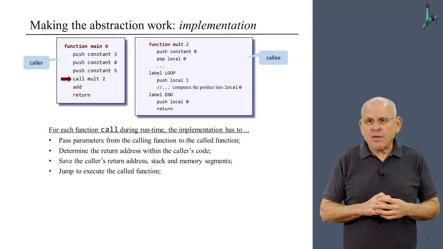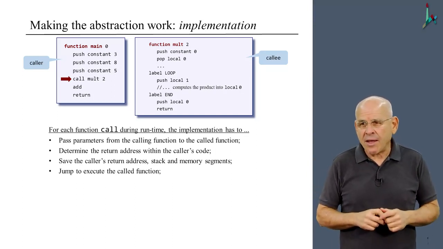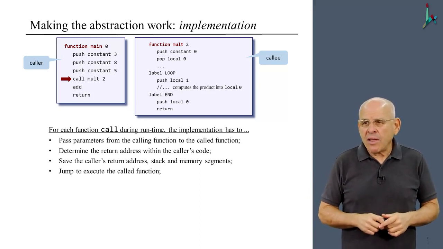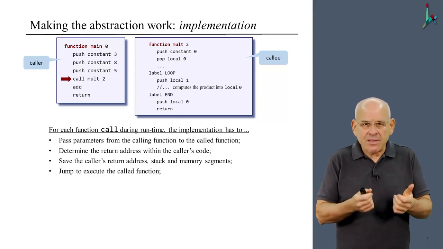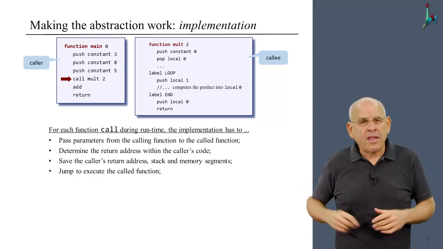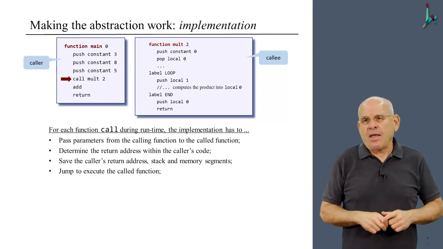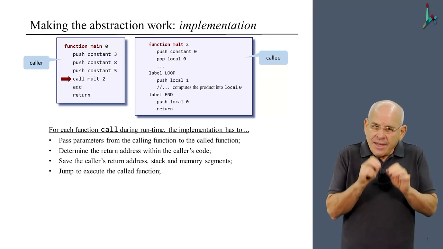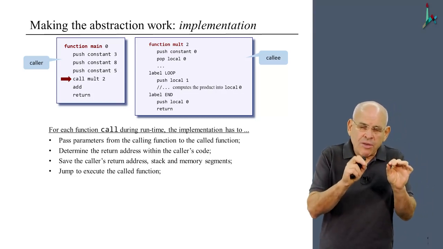Well, here is what I have to do. For each function call during runtime, the implementation has to do the following things. First of all, it has to somehow pass the parameters, we also call them arguments, from the caller to the callee. Somehow we have to make this handshake. Then we have to determine the return address within the caller's code, because think about it.